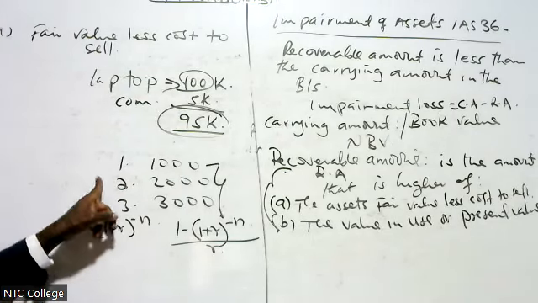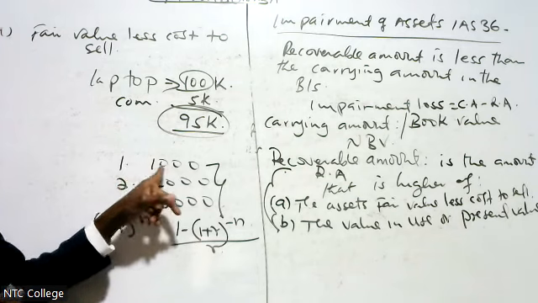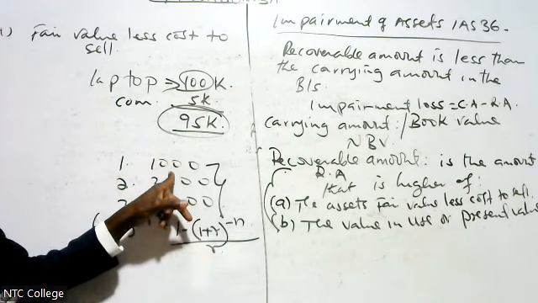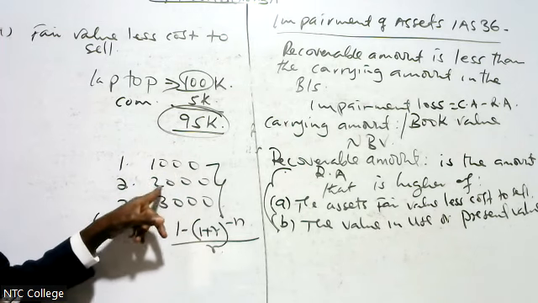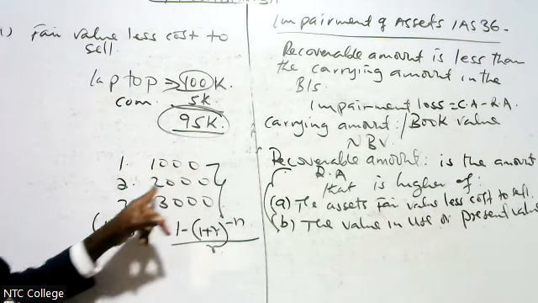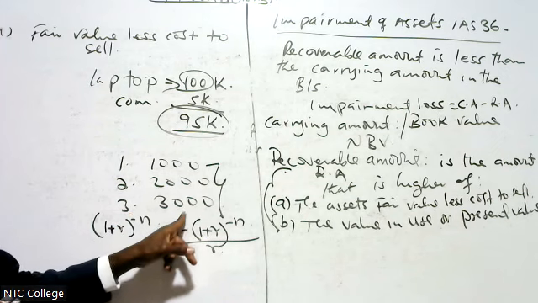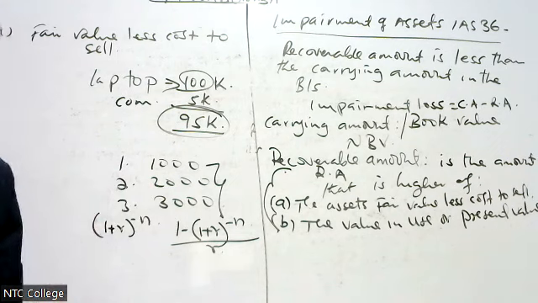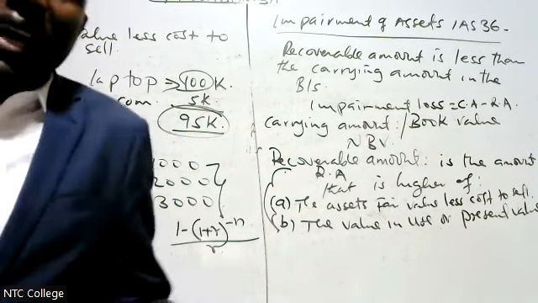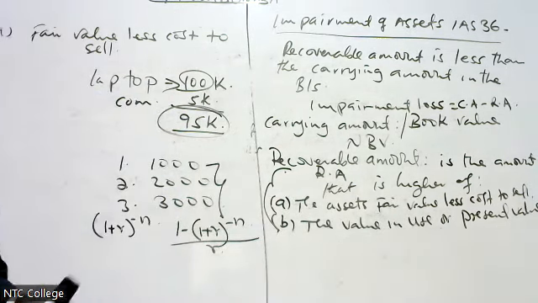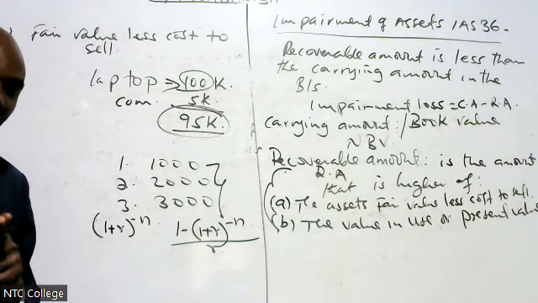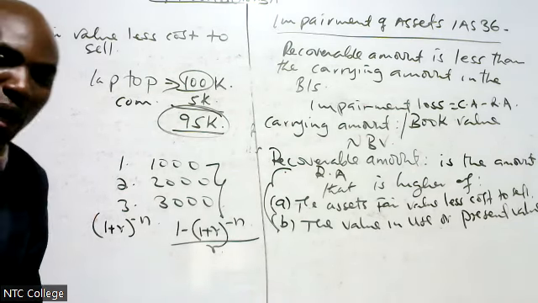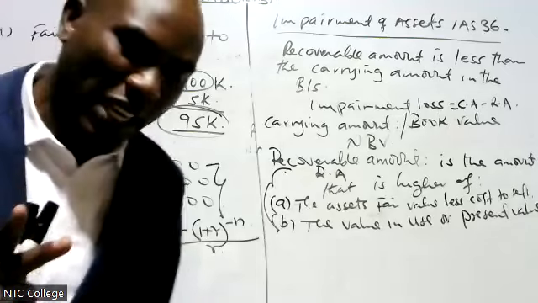For example, here, I project that in year 1 the asset will generate 1,000, in year 2 it will generate 2,000, and in year 3 it will generate 3,000. Therefore, this is the cash inflow I'm getting from this asset. I can discount it to get the value of the asset today. Number 2 cash flow I can discount, listen very carefully.